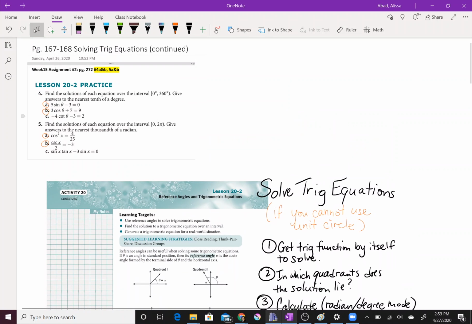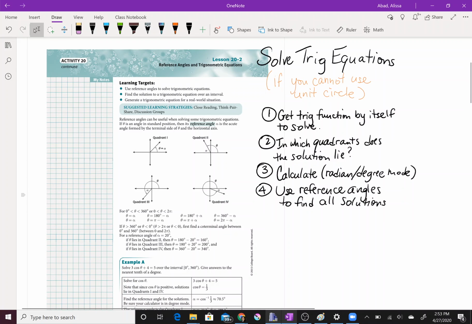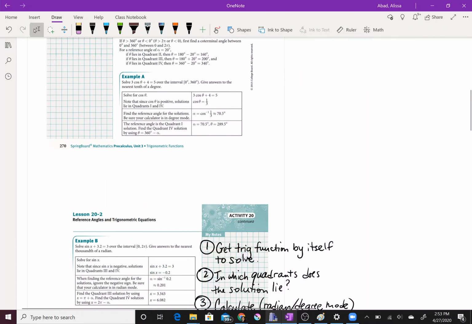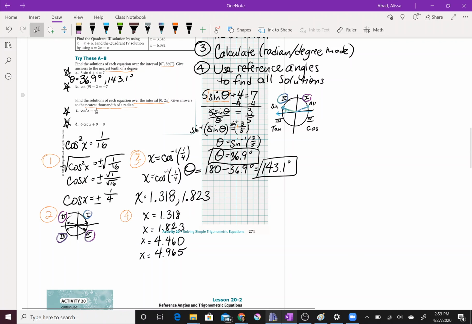Remember that the goal for your assignment is to complete these 4 problems and make sure you're solving these by using these steps. This is if you are not able to use your unit circle, because when you solved with getting your trig function by itself, you weren't able to use the same angles. Okay, so going over B and D, if you needed more examples, I'll go over those.